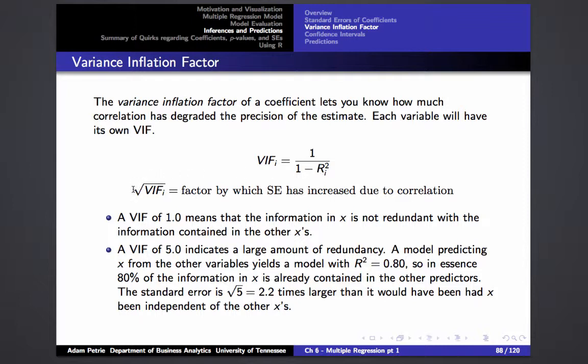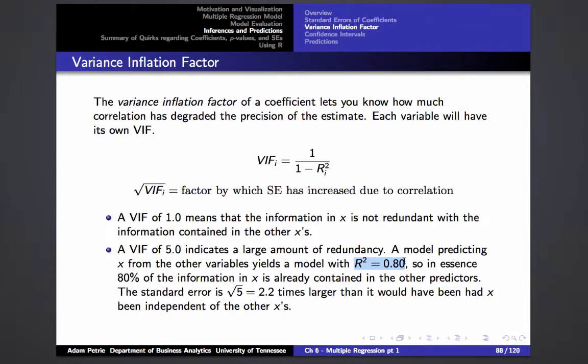And what the VIF tells us is, if we take the square root of the VIF, that tells us the factor by which the standard error has increased due to correlation with the other predictors. So a VIF of 1 is perfect. That means that the information in X is not redundant at all with the information contained in the other X's. If I get a VIF of 5, that indicates a large amount of redundancy. A VIF of 5 means that Ri squared is 80%.